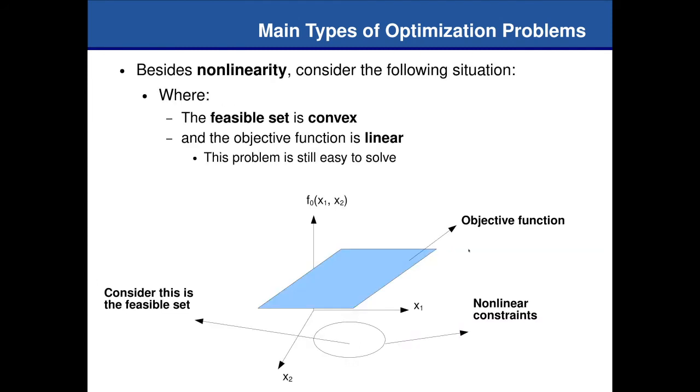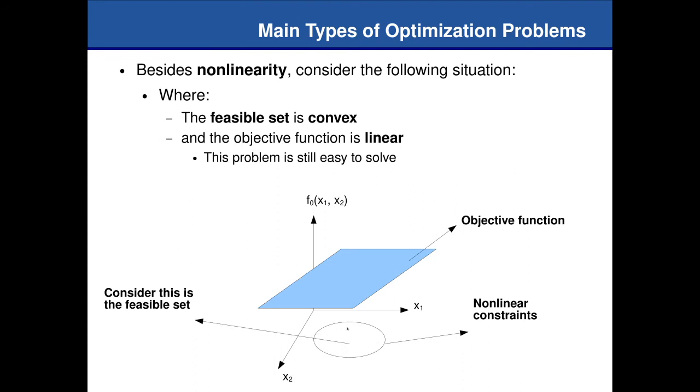Going to the next case. So just suppose this scenario. We have nonlinearity in terms of this constraint. It's a single constraint, but it's a non-linear constraint. However, it forms a convex set. What's a convex set? If I take one point inside this set and connect to another point inside the same set, any other point, the line connecting both points lies inside this feasible region.